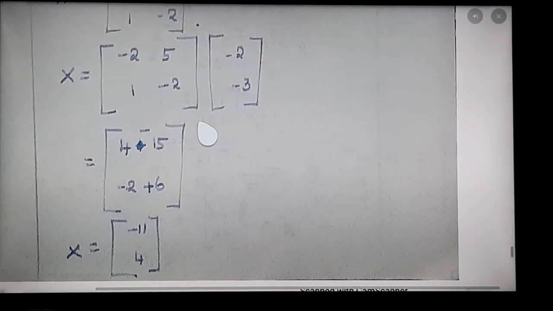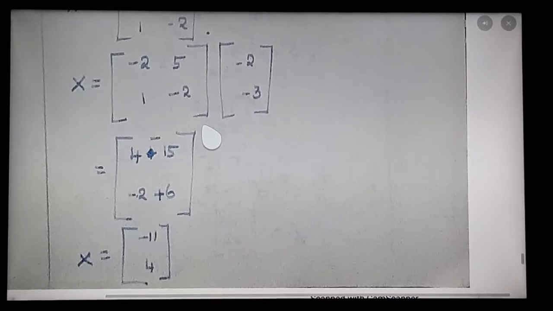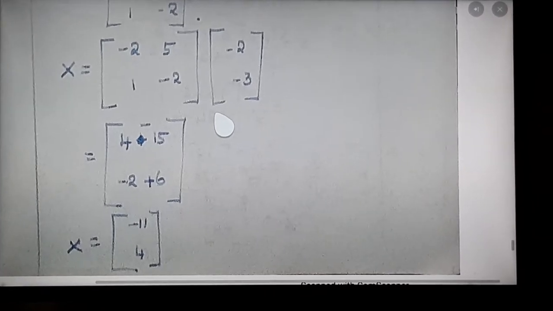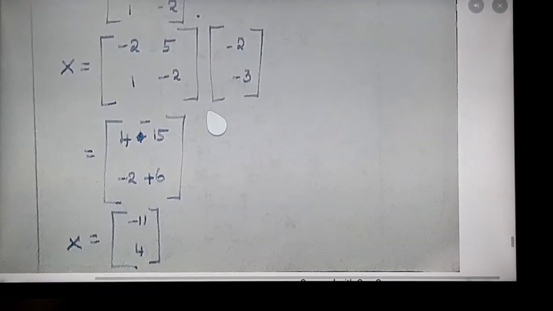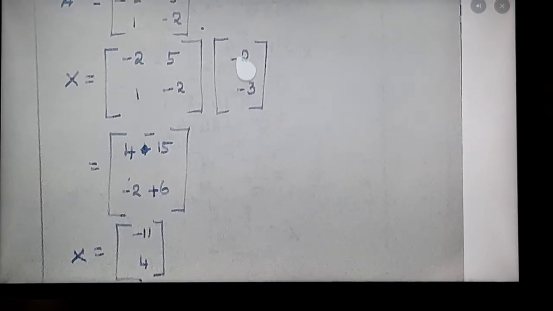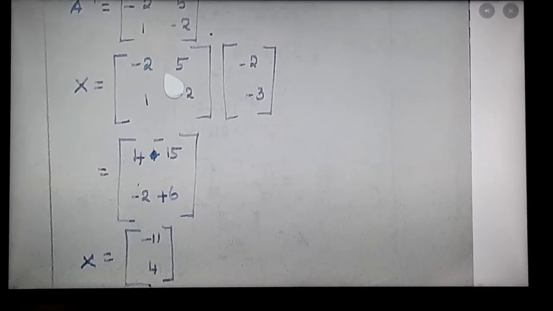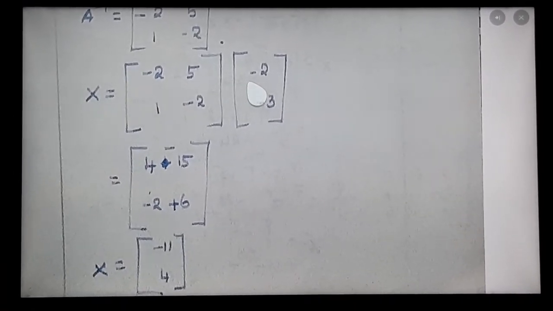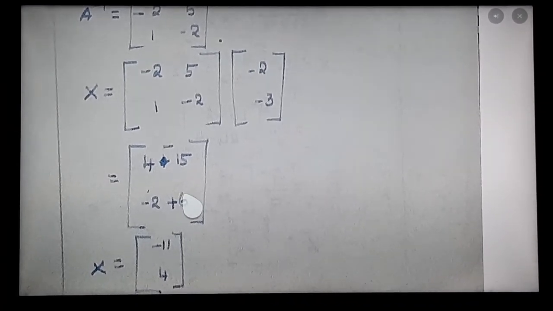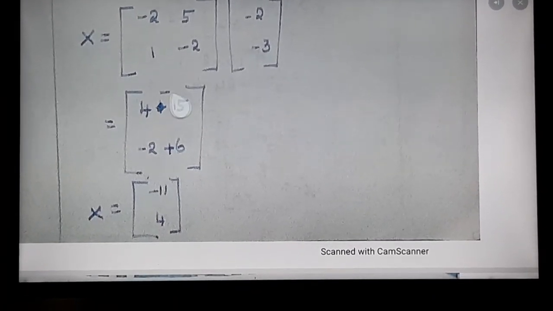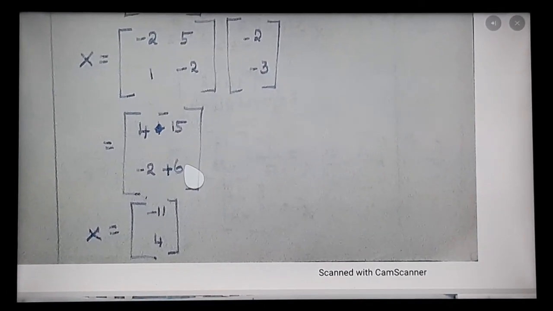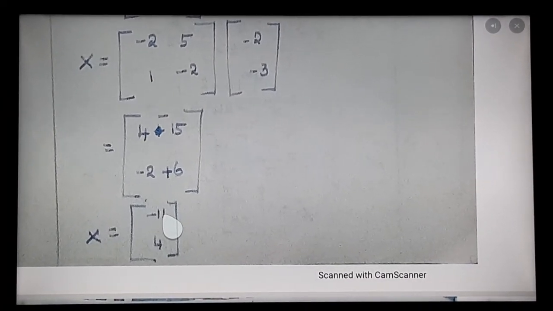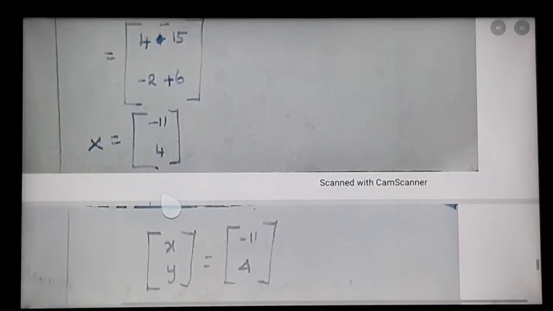The multiplication rule is that the number of columns of the first matrix is equal to the number of rows of the second matrix, which is satisfied here. First row first column: minus 2 times minus 2 is plus 4, plus 5 times minus 3 is minus 15. Second row: minus 1 times minus 2 plus minus 2 times minus 3, that is 2 plus 6. That is 4 minus 15, which is minus 11, and minus 2 plus 6, which is 4. We get the X matrix, minus 11, 4.